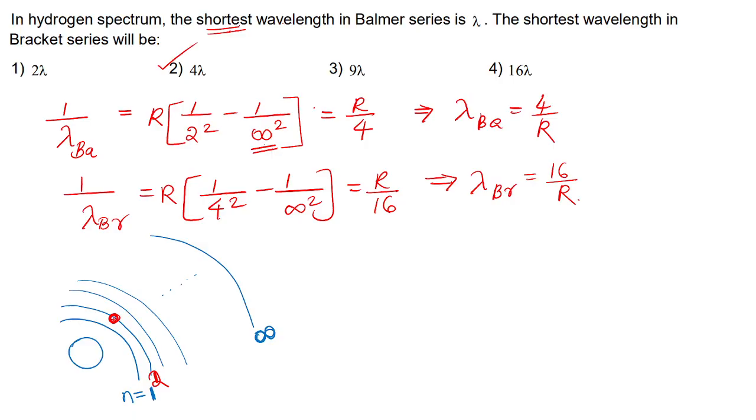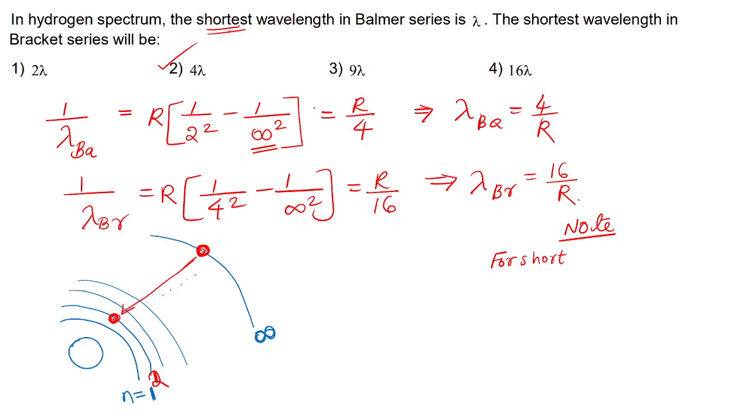You can write it as a note. For a shorter wavelength, the electron must jump from infinity. I will write it as a note so you will never forget. Depending upon the jumping, the radiation will have different wavelength.